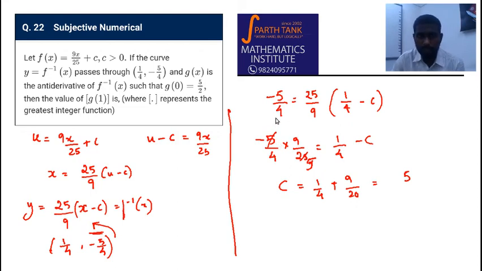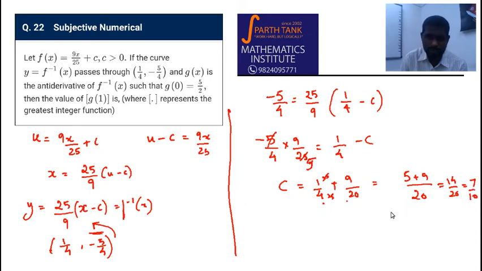If the LCM is 20, 5 plus 9 by 20 is 14 by 20, or 7 by 10, in other words. So c I have got as 7 by 10.